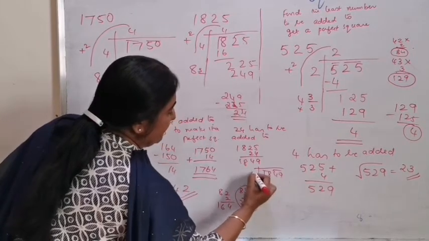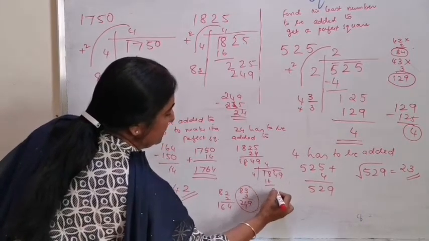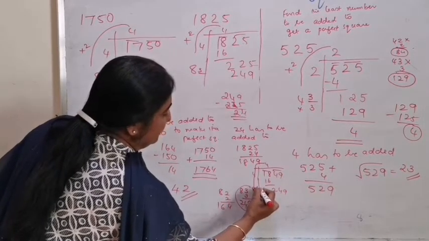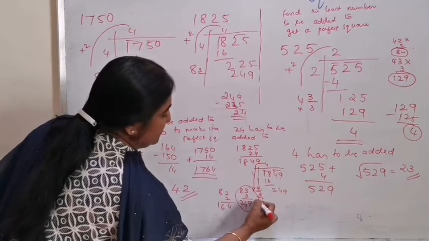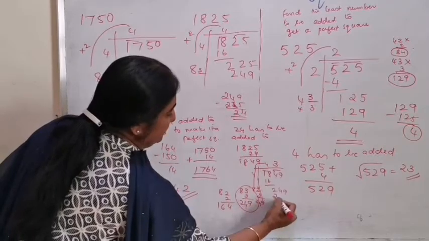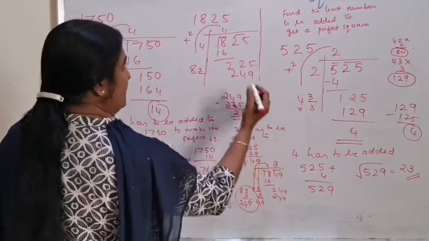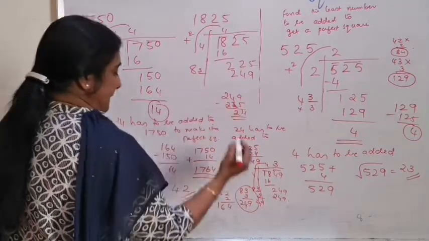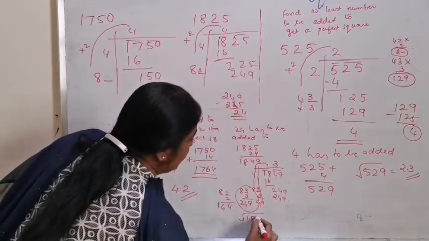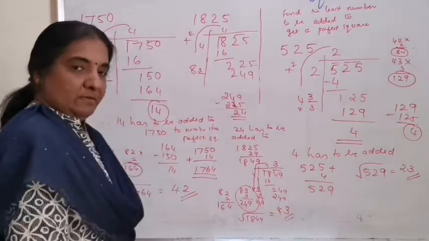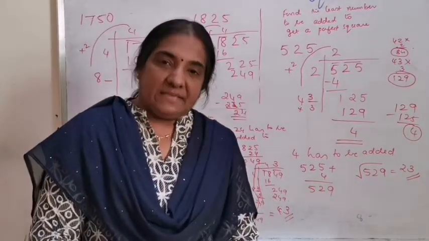1849. 4 fours are 16. 249. Double of 4 is 8. 83 into 3 is 249. So the square root of 1849 is 43. I hope the method is clear.